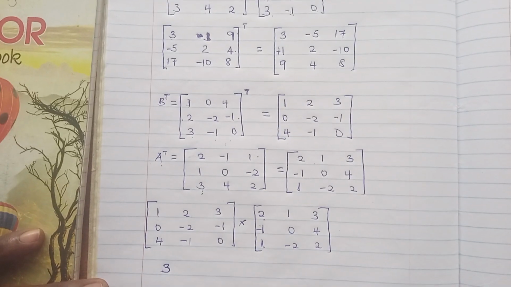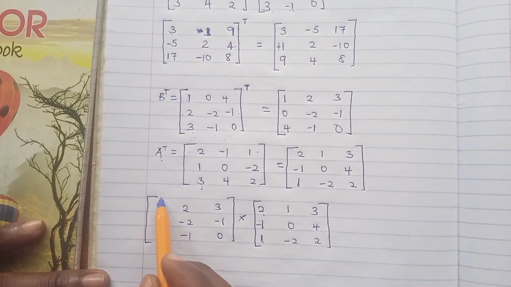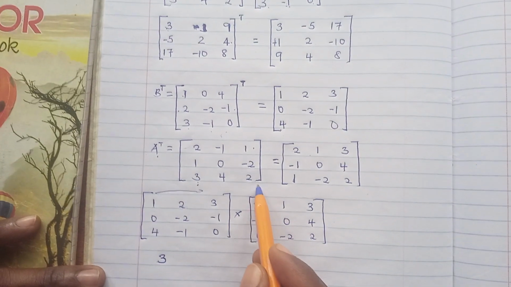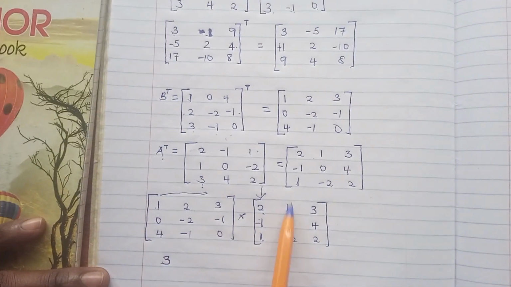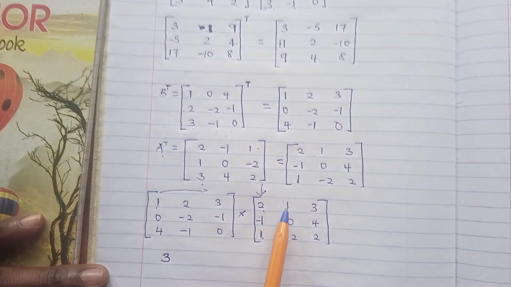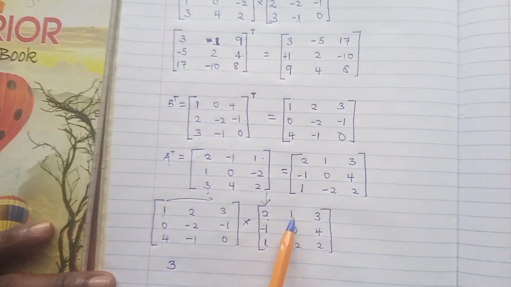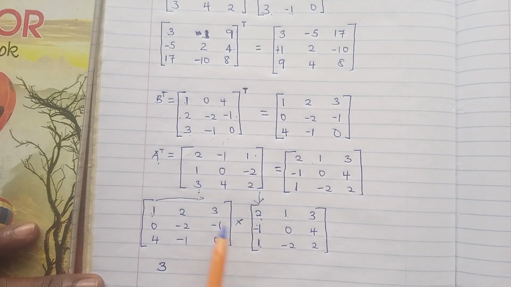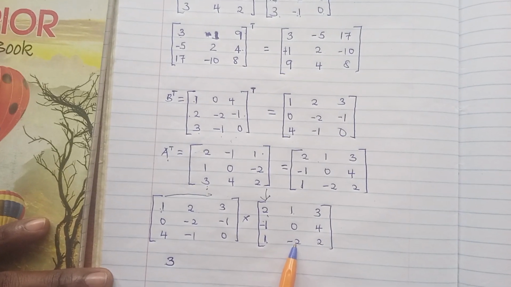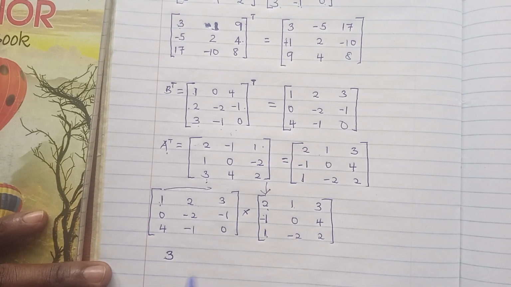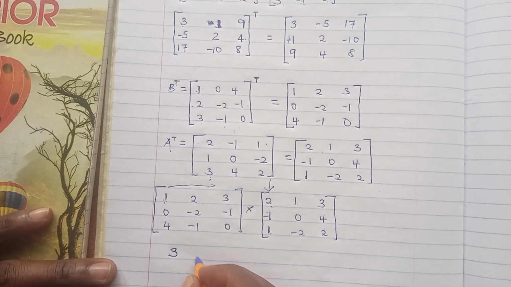So we are multiplying rows and columns. So we move to the first row, second column. 1 times 1, it is 1 plus, this one is 0 plus -6. So 1 plus -6, we're going to have -5.